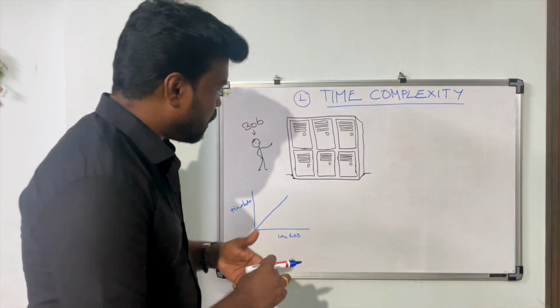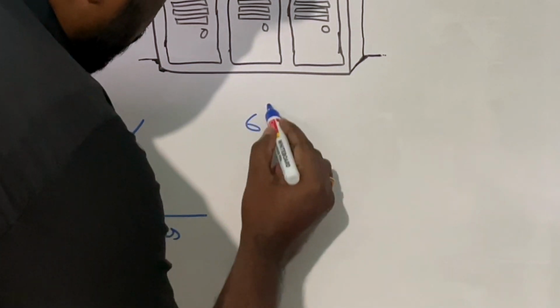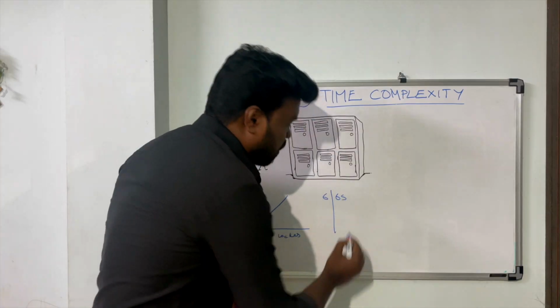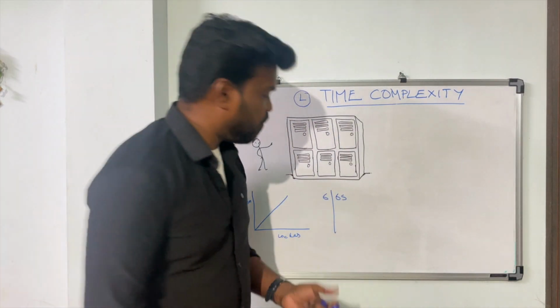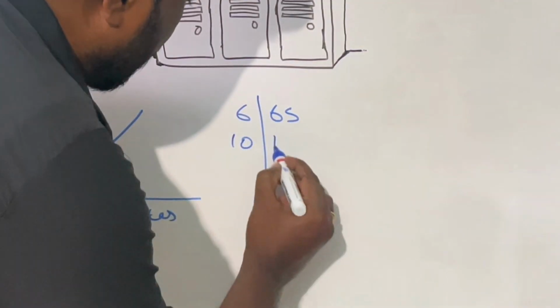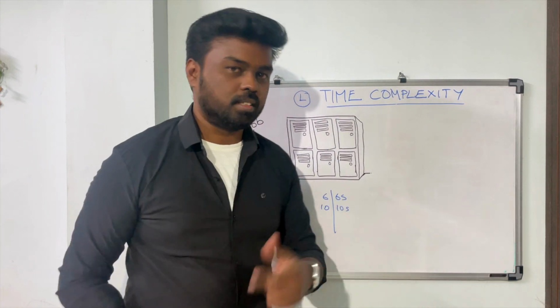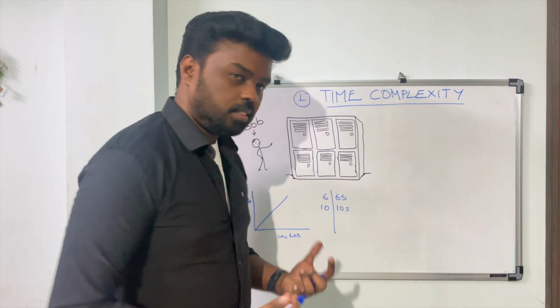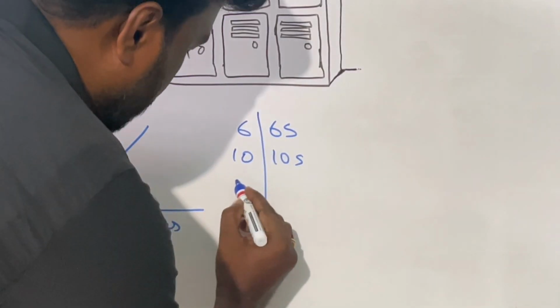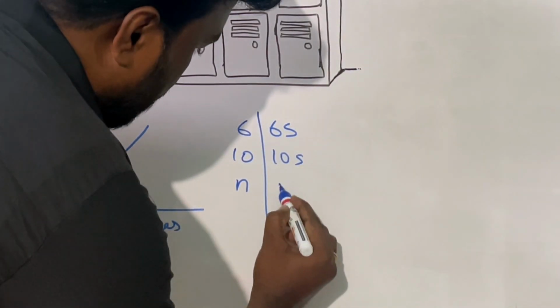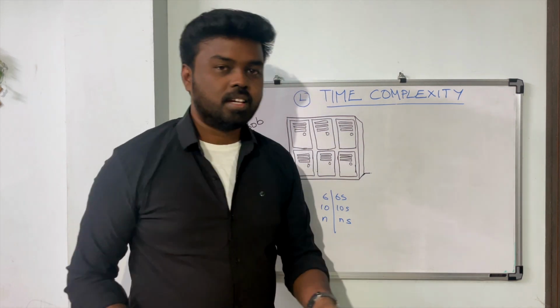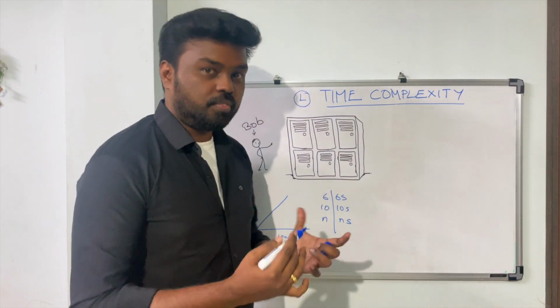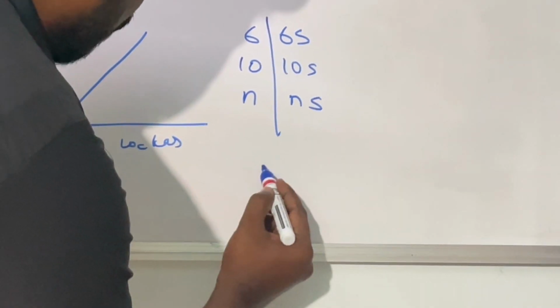For example, if there are 6 lockers, you will need 6 seconds to complete the search operation. If you have 10 lockers, it will take 10 seconds. And if we generalize this, if you have n lockers, then it will take n seconds to complete the operation. So the time complexity of this particular scenario is O of n.